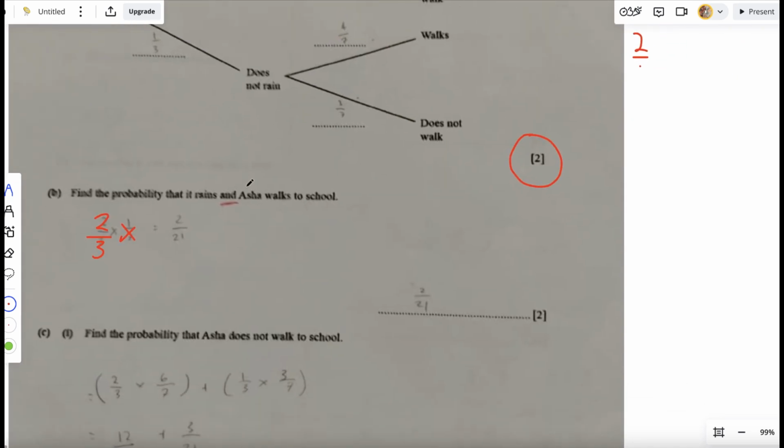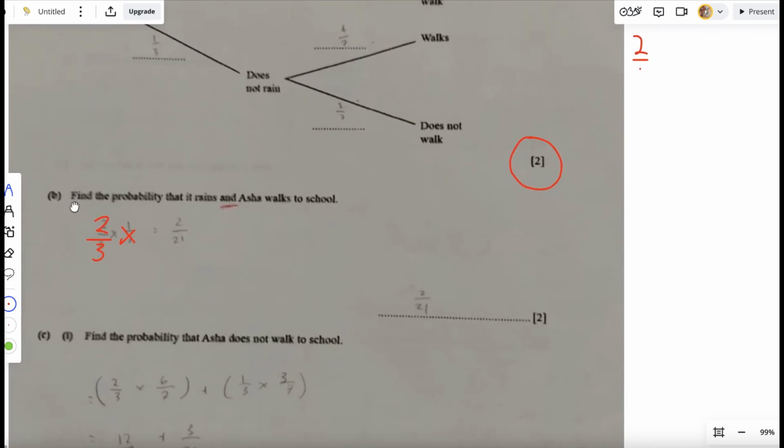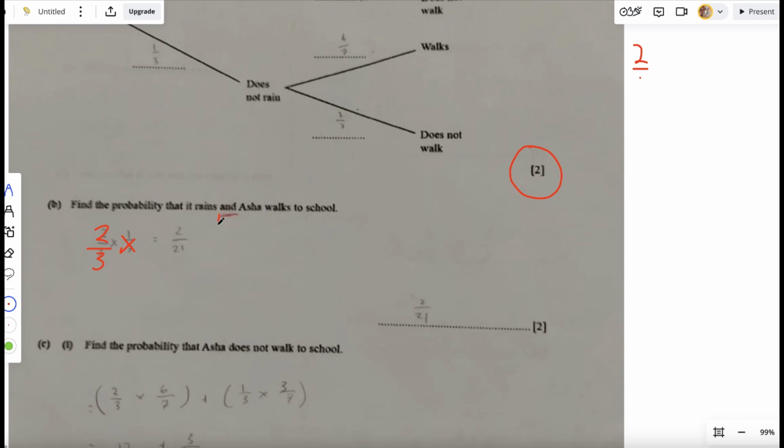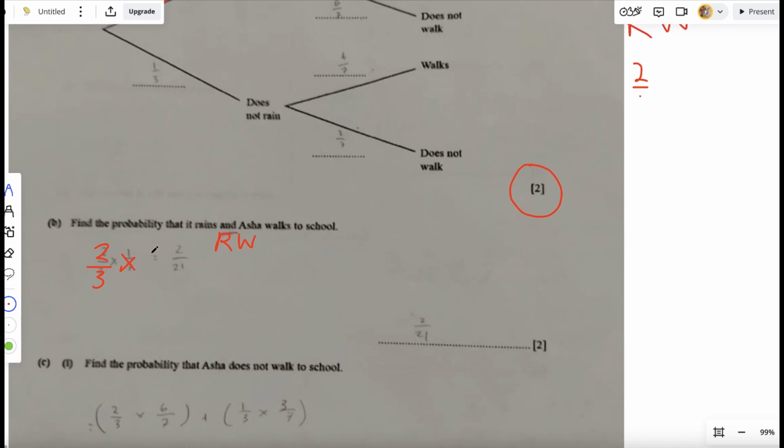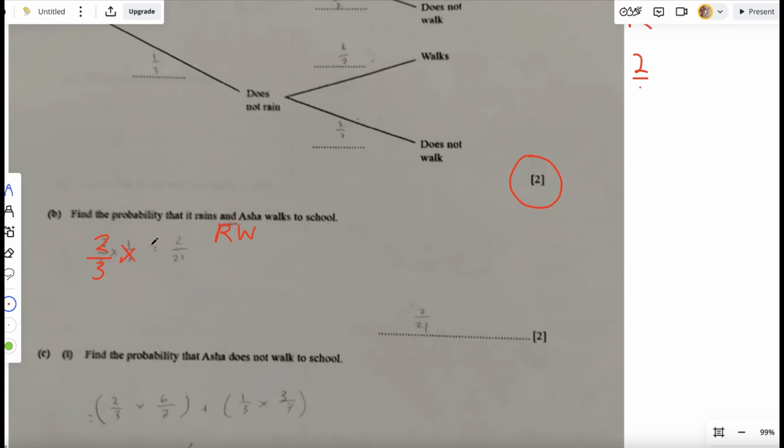So we multiply these two because it's rain and walk. This is the possibility of rain and walking to school. So probability of rain is 2 over 3. Probability of walking to school when it rains is 1 over 7. Sorry, this is lagging.